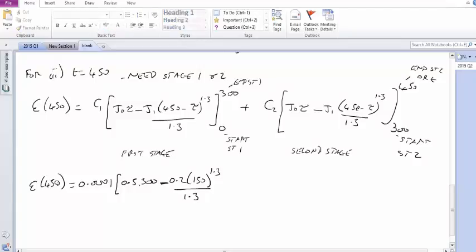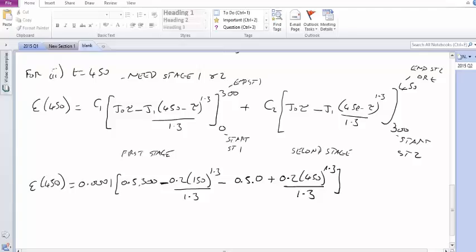We then have the terms for the other limit, so that will then be minus 0.5 times 0, minus, so plus 0.2, now we have 450 minus 0, so that's 450 to the 1.3 over 1.3. So that's the first part.